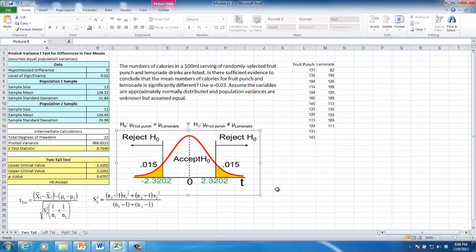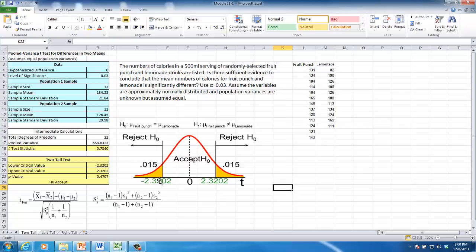The next step, remember, for hypothesis testing is to find the test value for the t-statistic, and if the test value is between these two numbers, I will accept H0. If the test value is outside this range, I will reject H0 and accept H1.